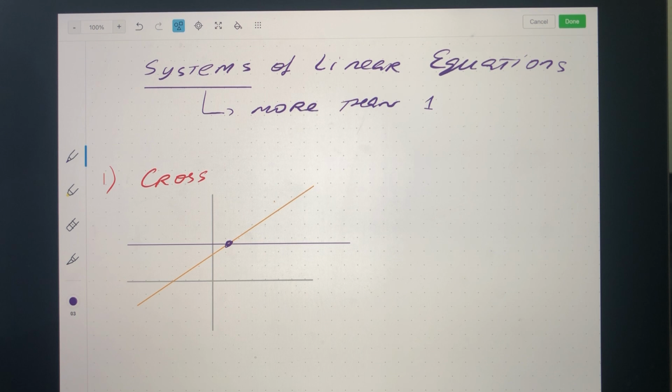So they intersect at some angle. It's not 90 degrees, it's some different angle, and we are looking for this position. This point is our solution. It's going to be the x and y coordinate of this point. That's the answer.